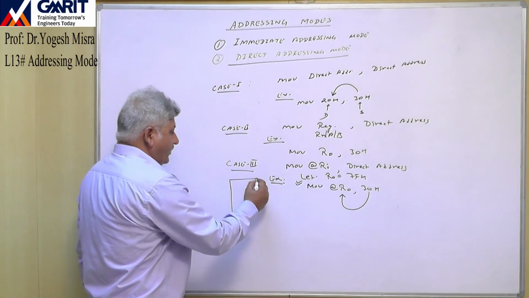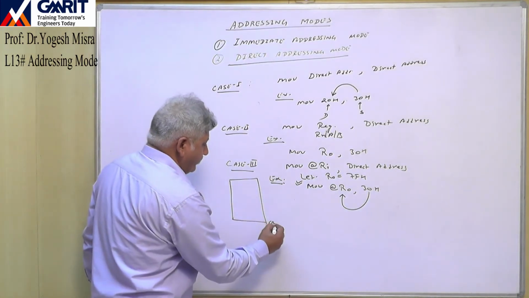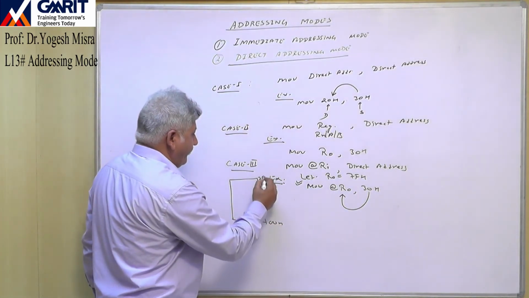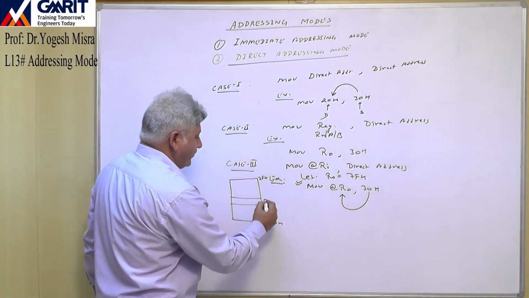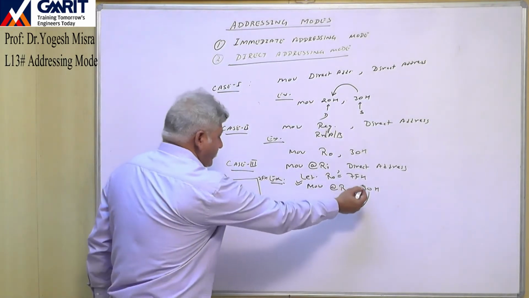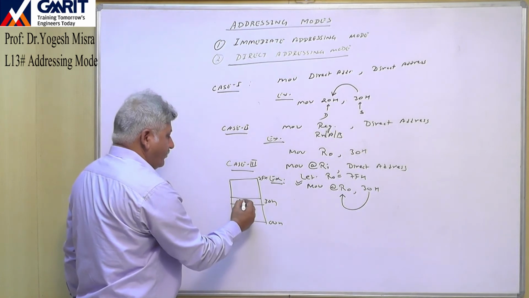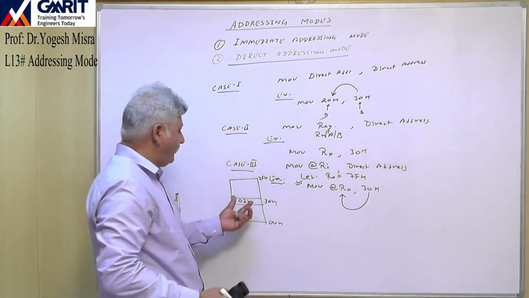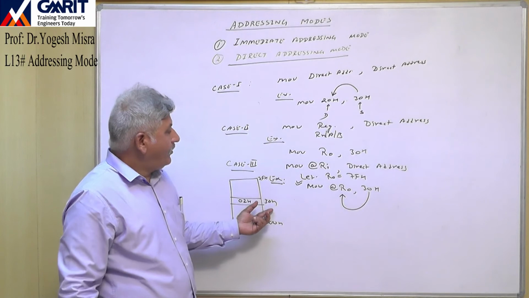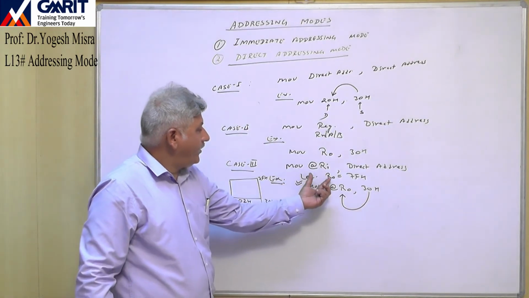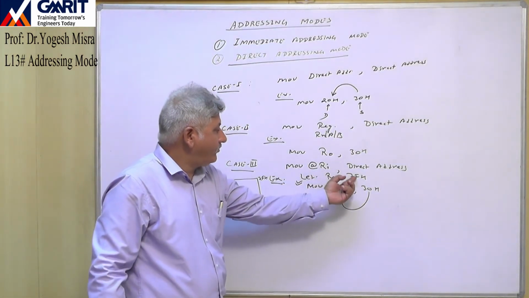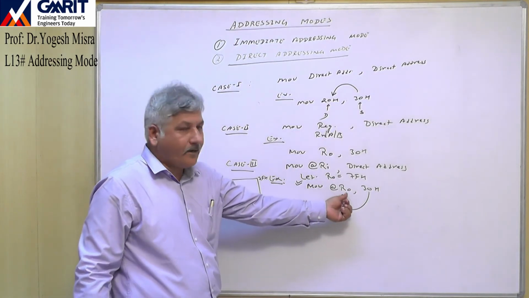Let us assume this is our RAM. This is address 00H. This is 7FH, and somewhere it is 30H. At 30H we are having content 02H. This is the data which is stored at 30H. So now let us assume R0 is having value 7F. Now move at the rate R0.